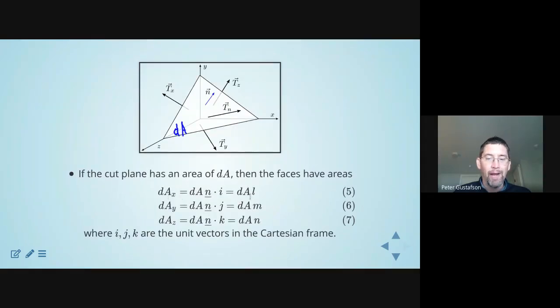AX was equal to A times L. So the area of the X face was equal to the total differential area times the unit vector dotted with the x direction, which was equal to AL. Similarly, we had an AM and an AN. So to correct your equation, it would be slightly different than what you've written.